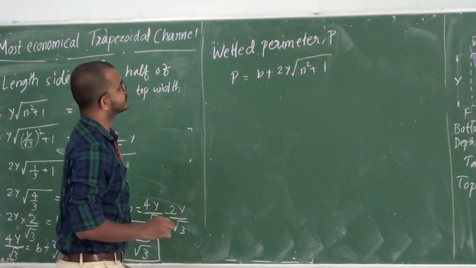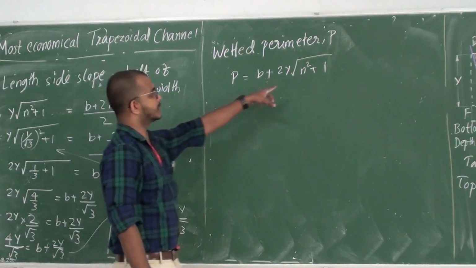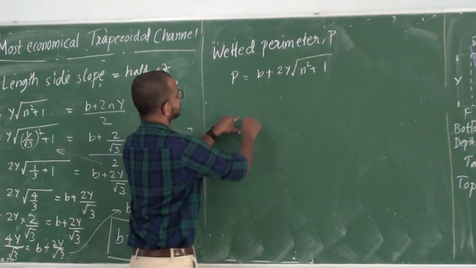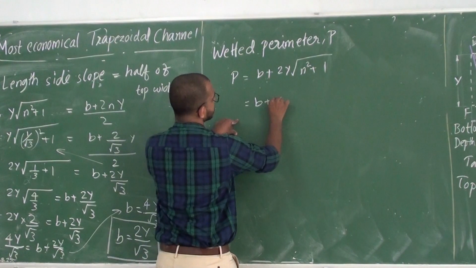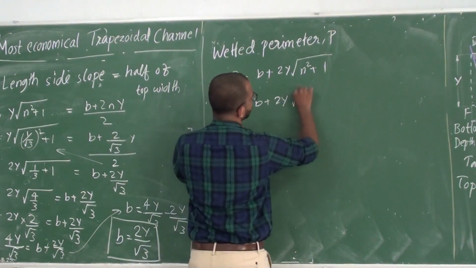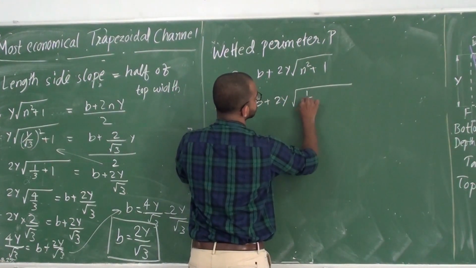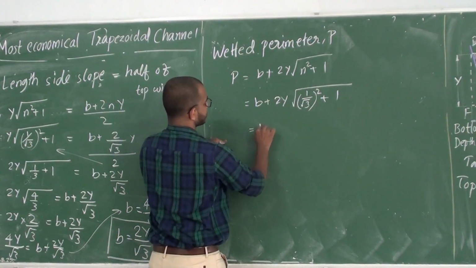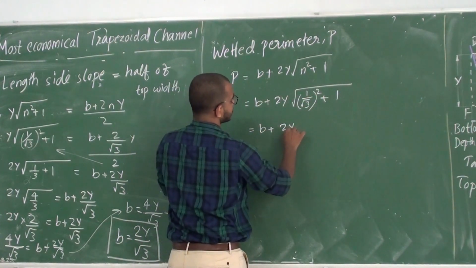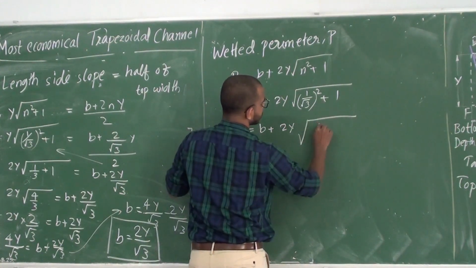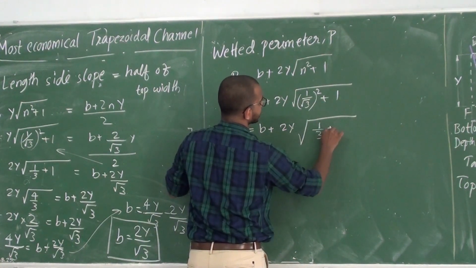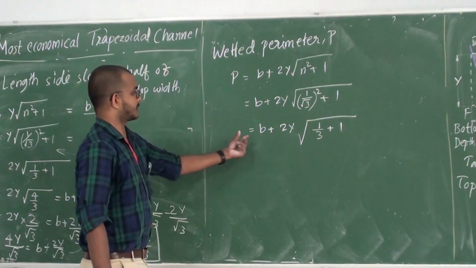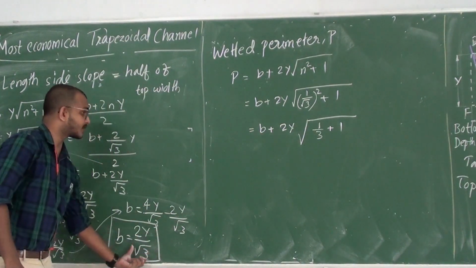Let us substitute n is equal to 1 by root 3 here. So this is equal to b plus 2y into square root of 1 by root 3 the whole square plus 1. So this is equal to b plus 2y into square root of 1 by 3 plus 1. Let us substitute b equal to 2y by root 3 here.